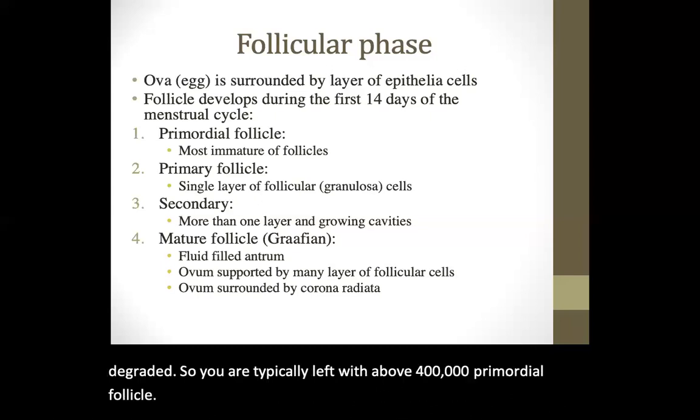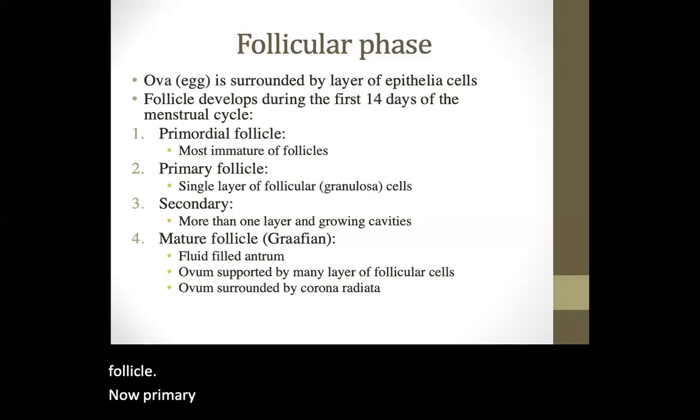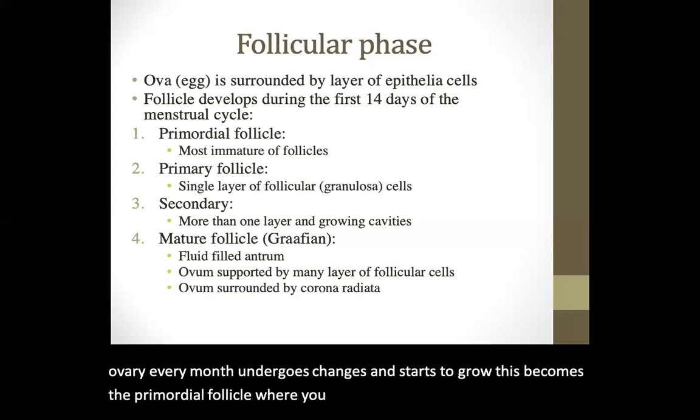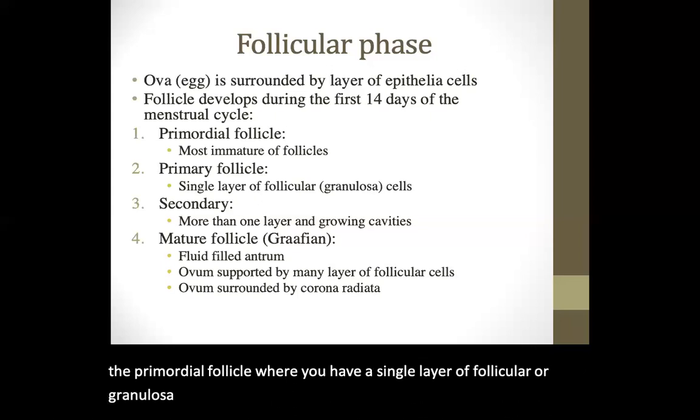Now, one primary follicle at a given time, from one ovary every month, undergoes changes and starts to grow. This becomes the primary follicle, where you have a single layer of follicular or granulosa cells around your oocyte.